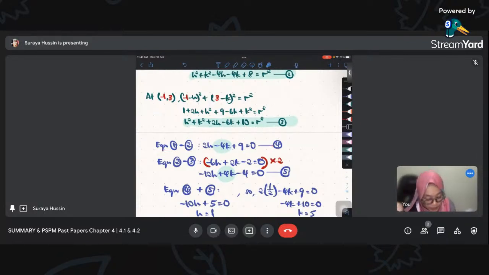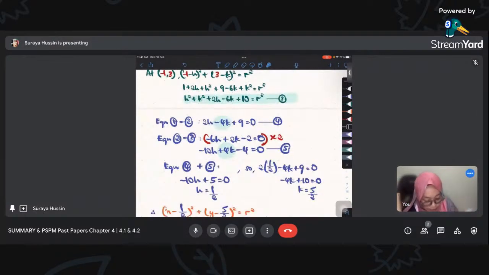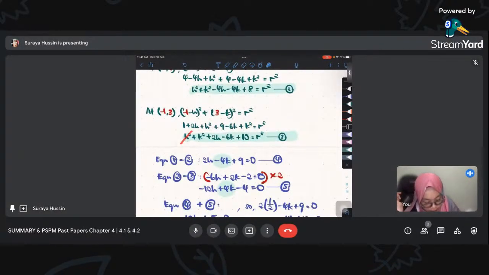If you do equation 2 minus 3, you will get another new equation. I label it equation 5. Okay, that is how to do simultaneous equations successfully and simply. You must be good at choosing the suitable operation, add or subtract. What's important is you understand the goal: to eliminate h squared, k squared, and r squared, so that you get the middle equation.